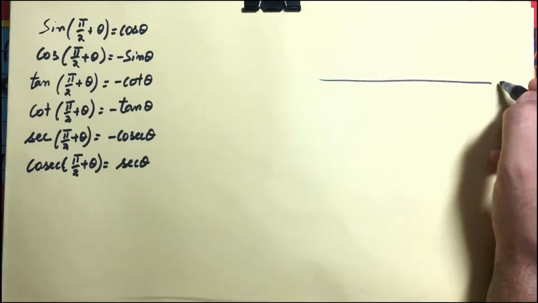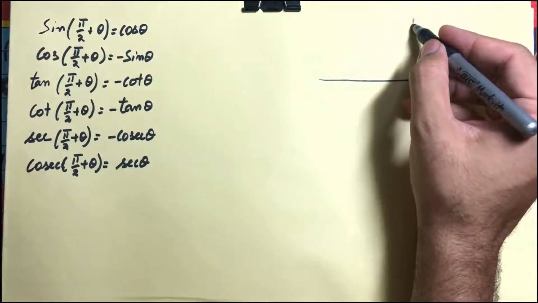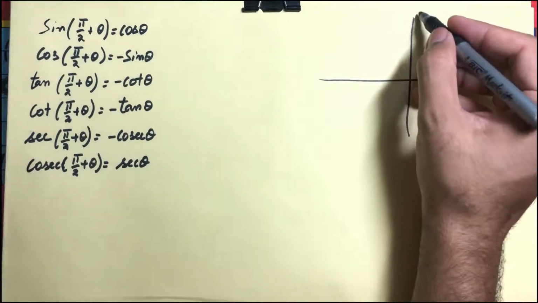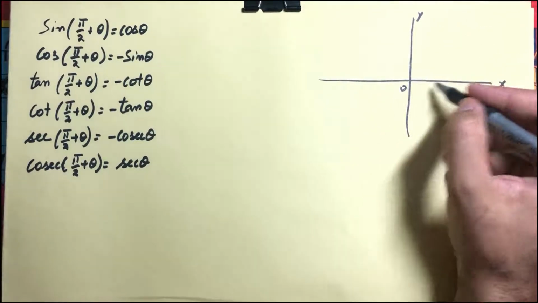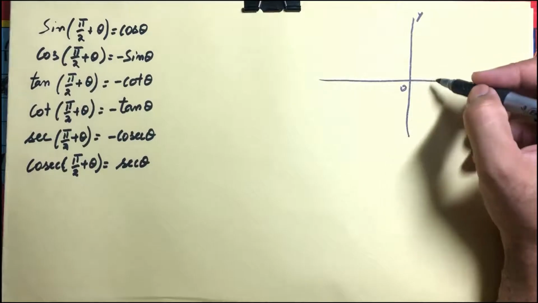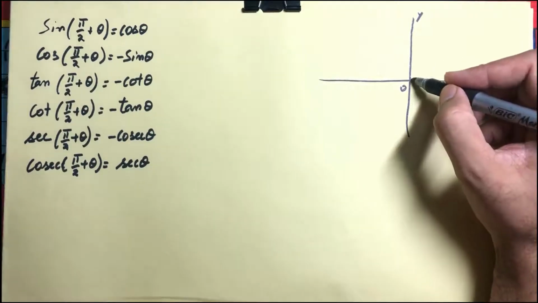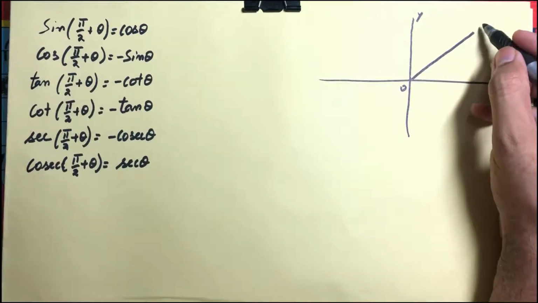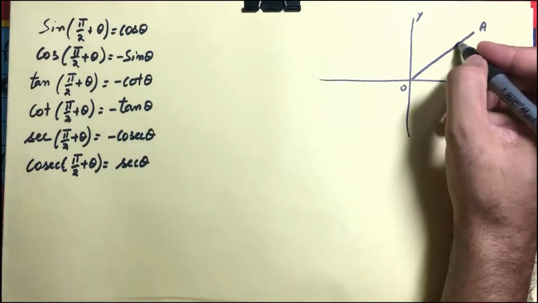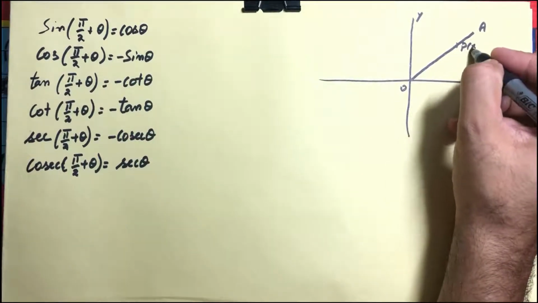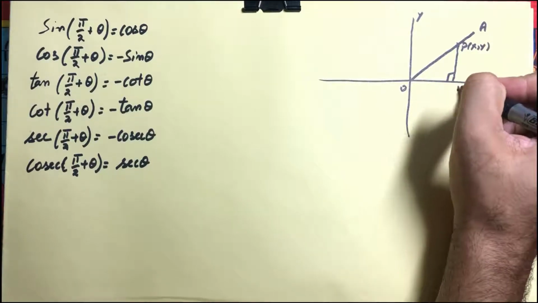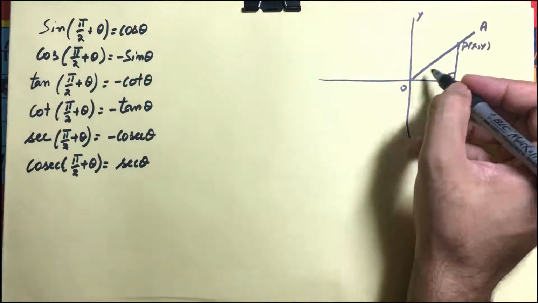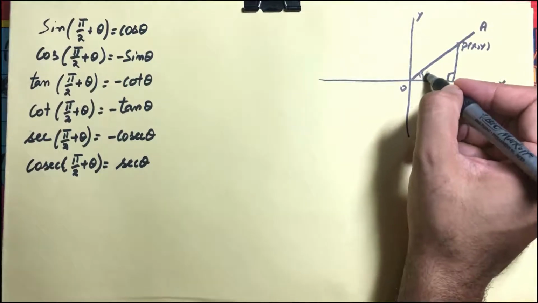This is our x-axis, and let this be the y, and this is the origin. Let this be the initial axis, and we have revolved this axis, rotated. Let it be here A, and this is point P with coordinates x and y. We draw a perpendicular, name this N, and let this angle be theta.